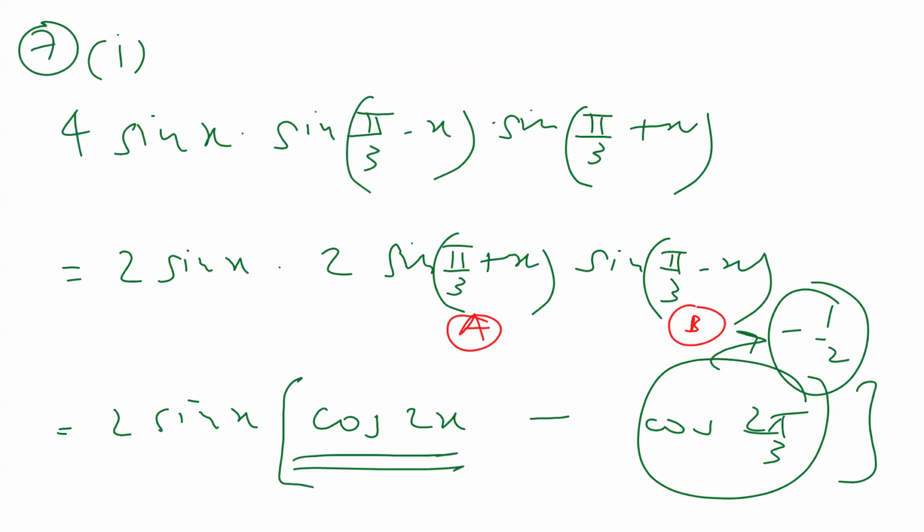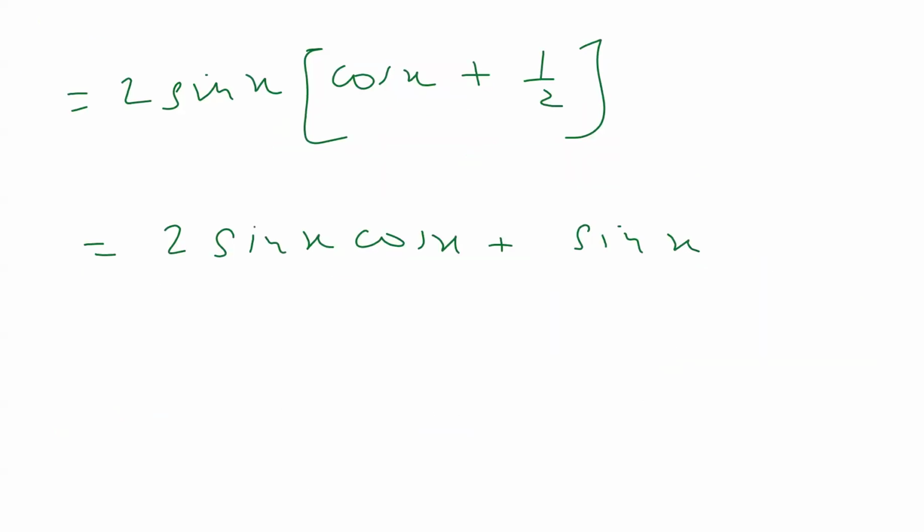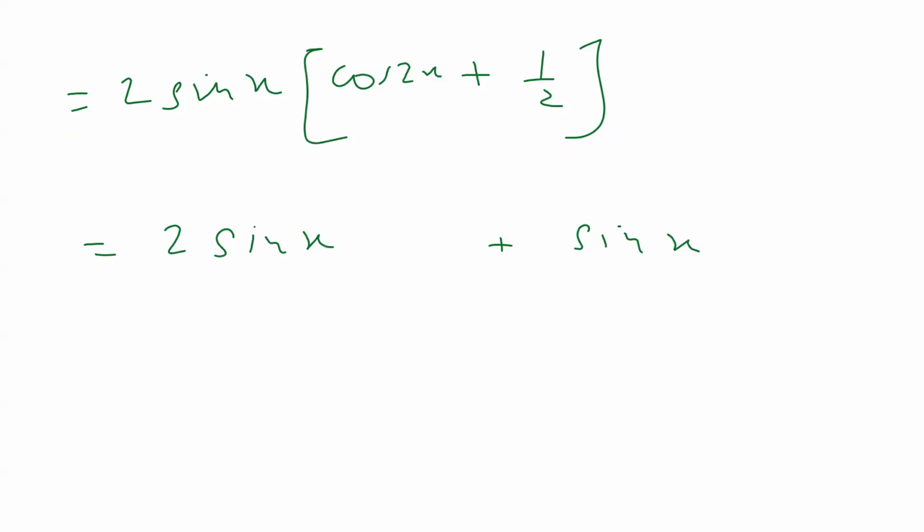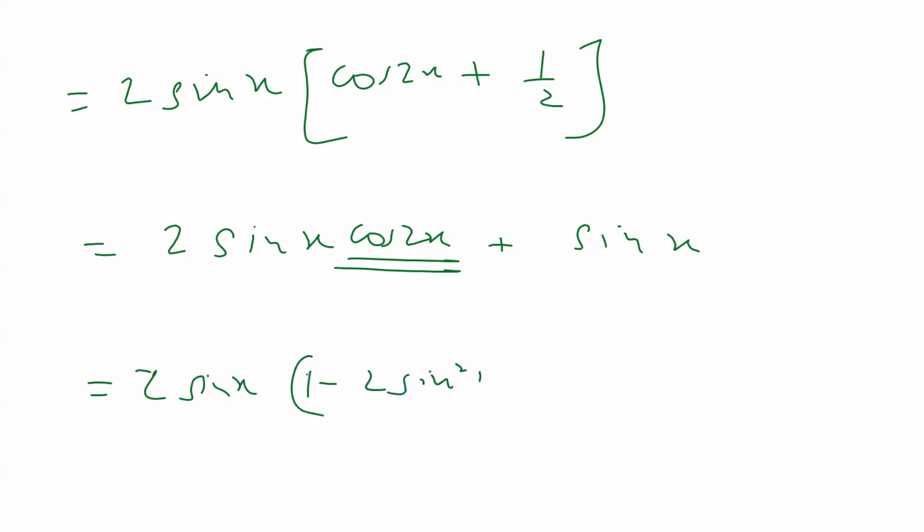So I just have to write this as cos 2x. Now cos 2x is 1 minus 2 sin square x. Why we are converting into sin is because the right hand side is a sine term, that is sin 3x. So we have to eliminate the cos terms.